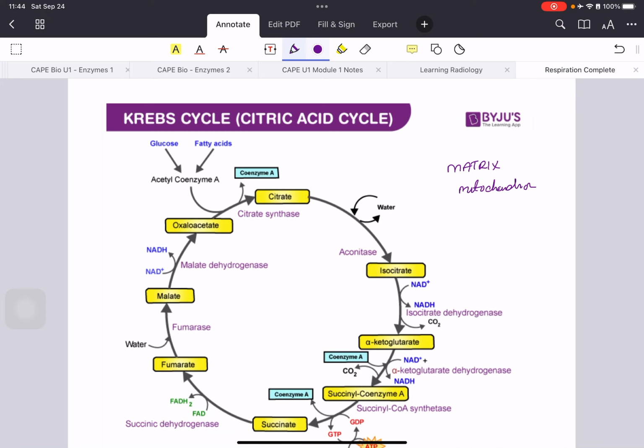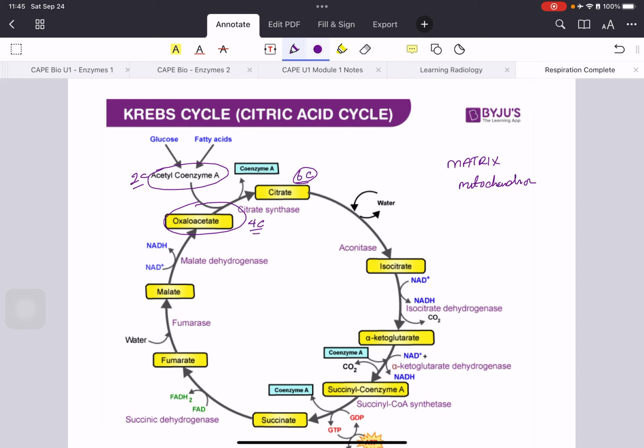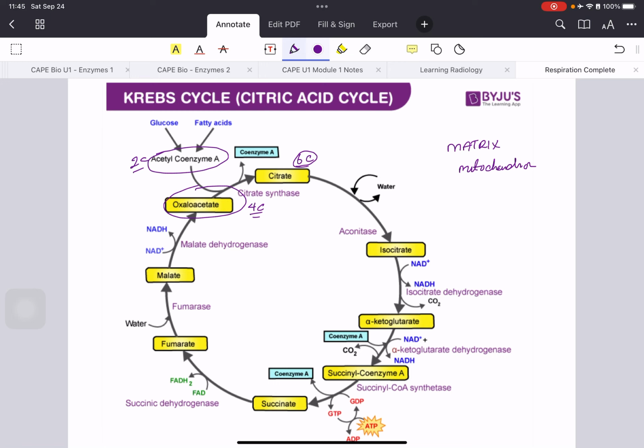Now we have acetyl coenzyme A here, and we have oxaloacetate. Oxaloacetate is a 4-carbon compound, acetyl coenzyme A is a 2-carbon compound, so they are both going to react to make this 6-carbon compound called citrate. So the important things to learn here in the Krebs cycle are the yellow boxes.